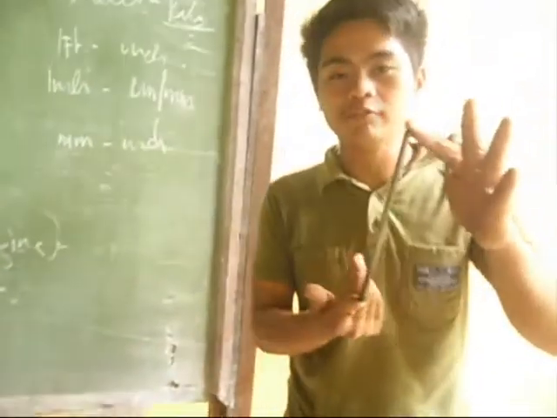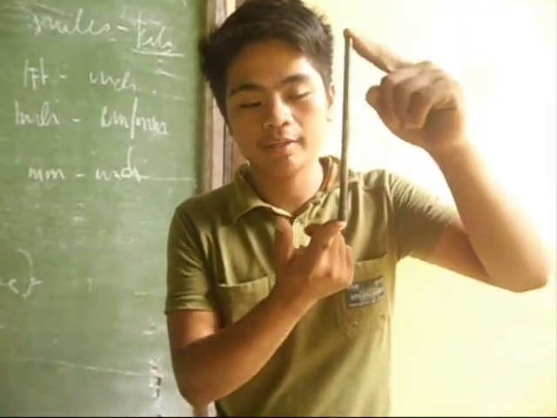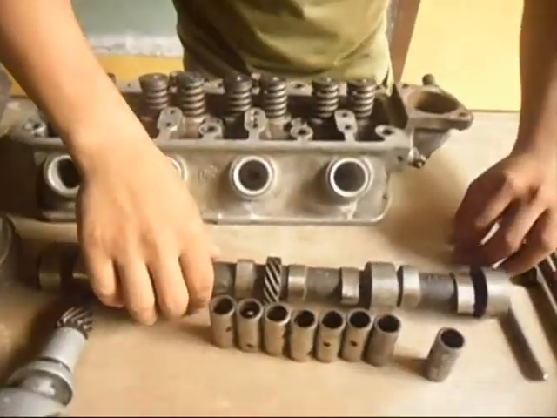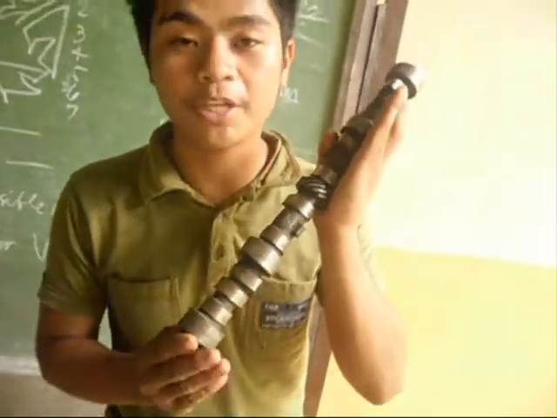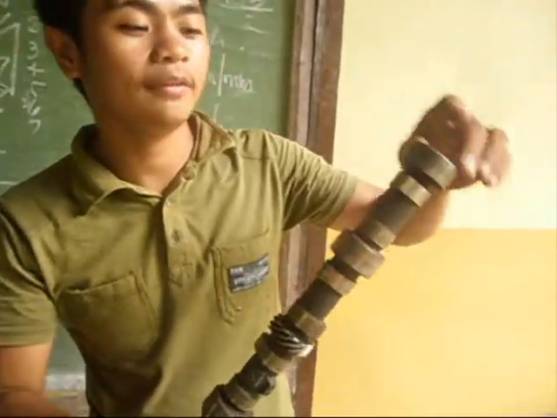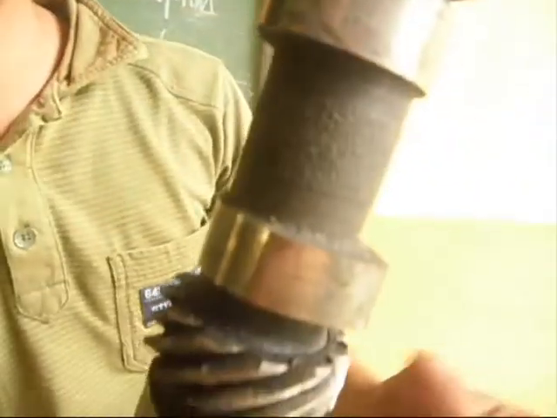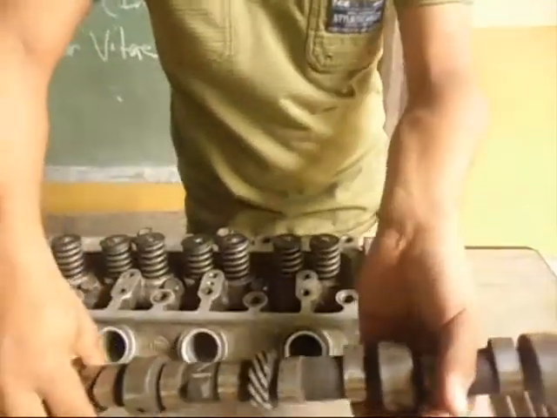The movement of this push rod is going up and down. This is what we call the camshaft, and this is the cam lobe and gear.